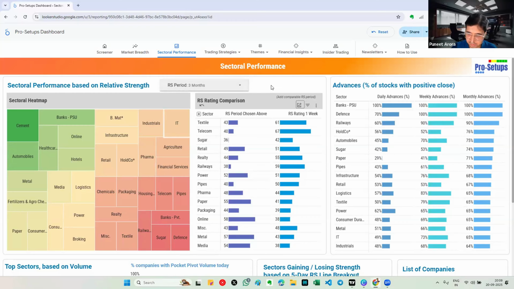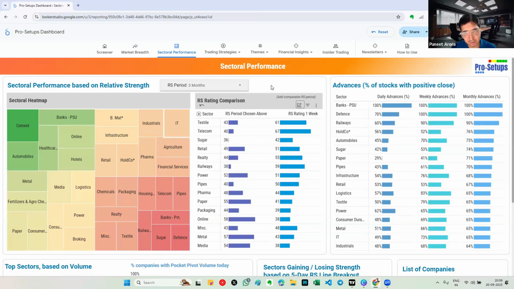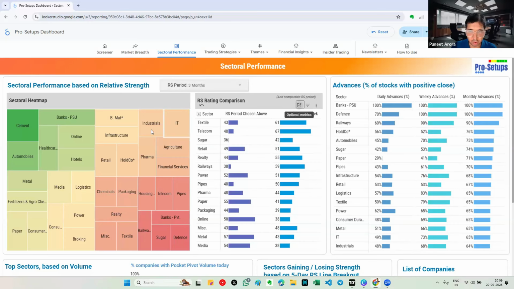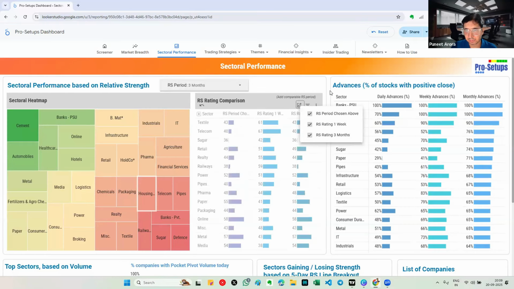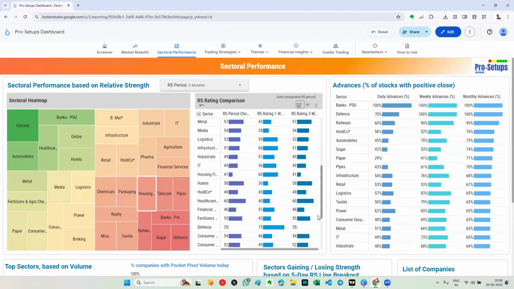At first the weekly will turn green. Simultaneously, it will turn green on the monthly heat maps, and then if it can sustain for that long, the quarterly RS heat map will also turn green. That's the ascending order. Instead of pasting all this, you can have these three together here also. So compare all these here.